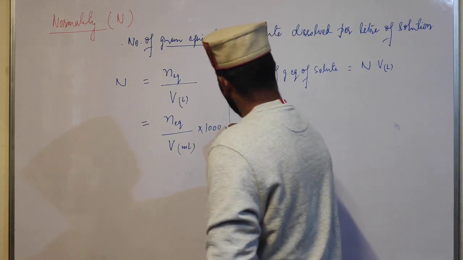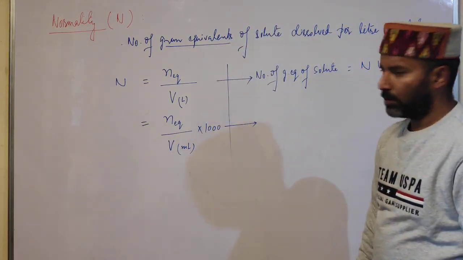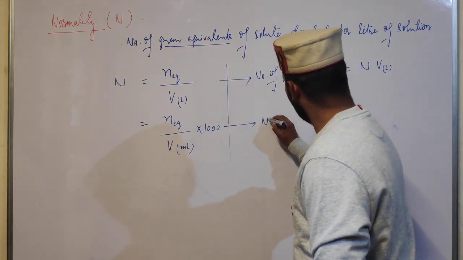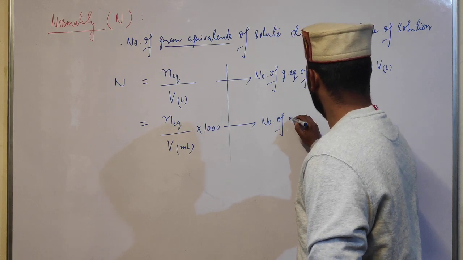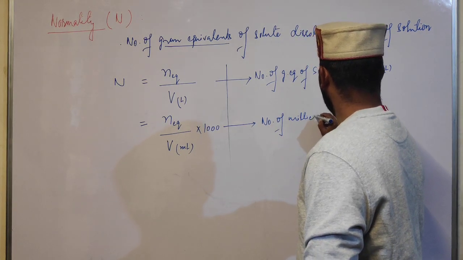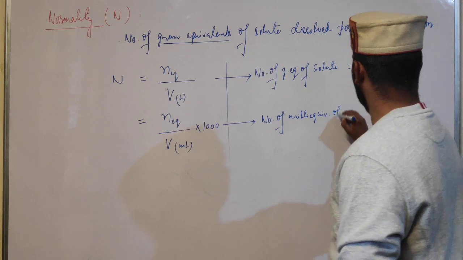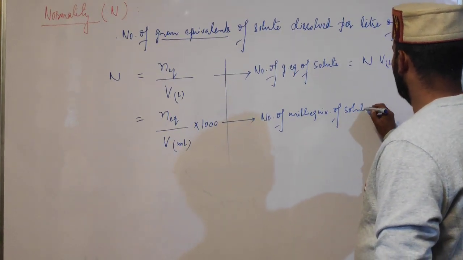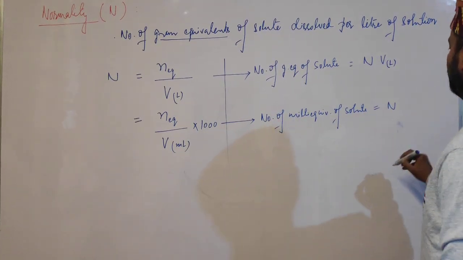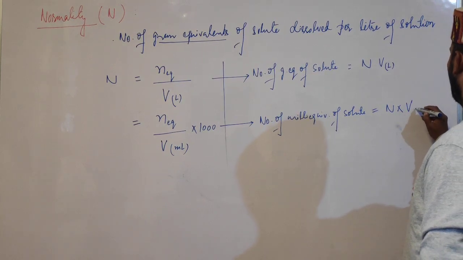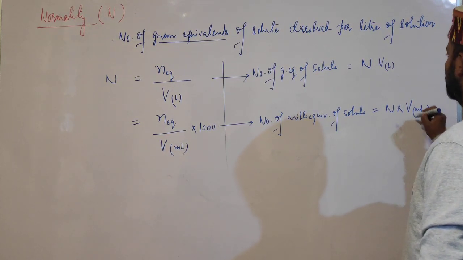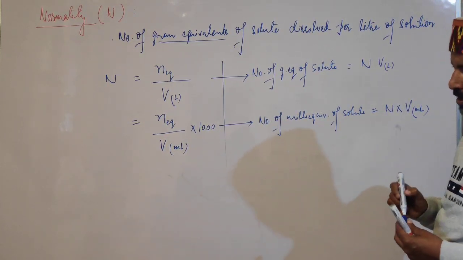And from this equation we find the number of milliequivalents of solute. Milliequivalents of solute are calculated again by multiplying normality with volume, but the volume should be in milliliters. So these two are very important results.